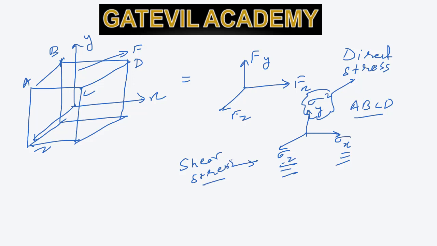Direct stress tries to elongate or compress the body, whereas shear stress tries to distort the body. Okay, so now let's see strain.